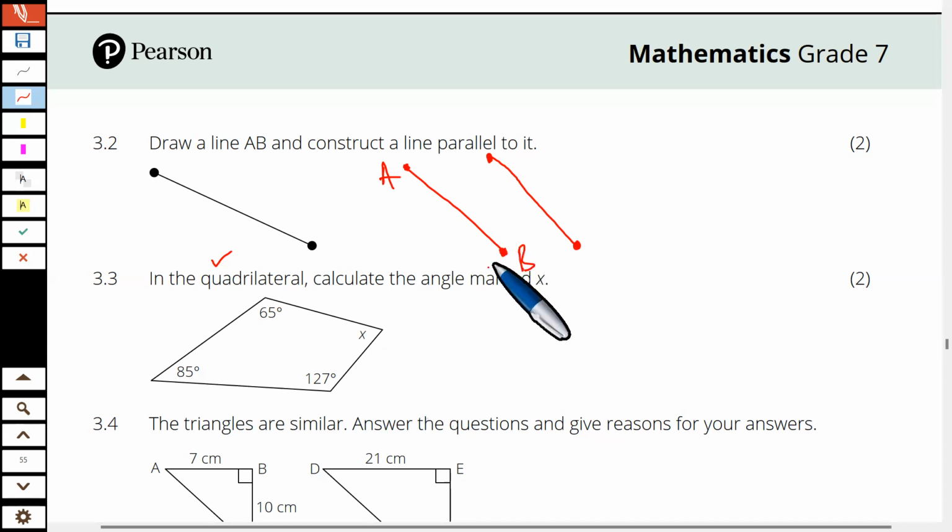Right, so in 3.3 now, you need to look at the following. We're going to start with the angle 65 degrees, and then we add x to it. We add 127 degrees. We add 85 degrees.